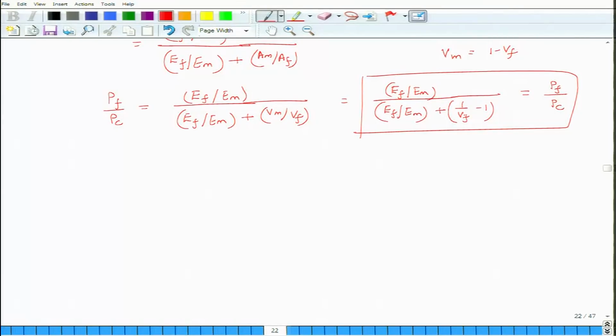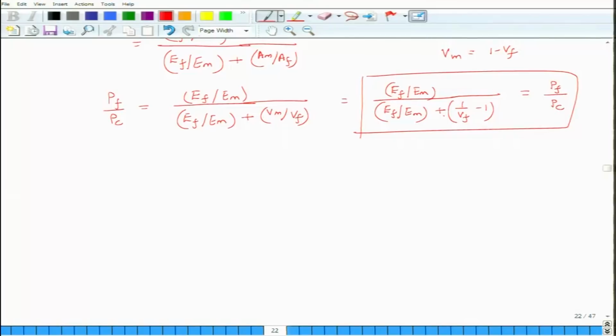The other thing is, suppose EF over EM is very large, let us say it is 100. So, the numerator is 100, the denominator is 100 plus some number.